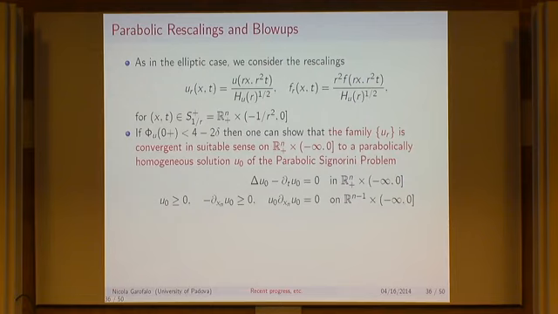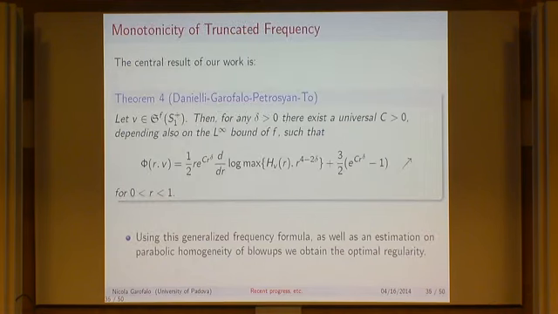If the value of the frequency at 0 is less than 4 minus delta, notice that 4 minus delta is the critical threshold that appears here, so this function has a limit at 0, it's monotonically increasing, so you look at the limit at 0.